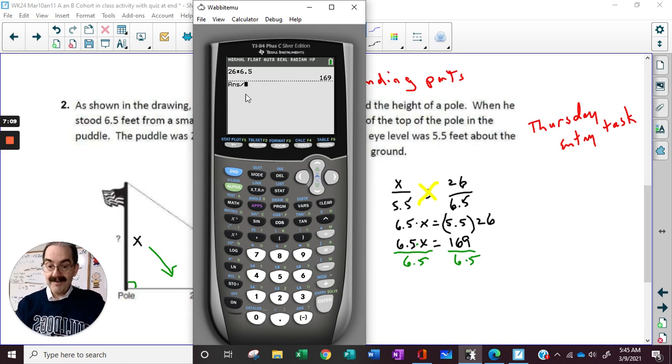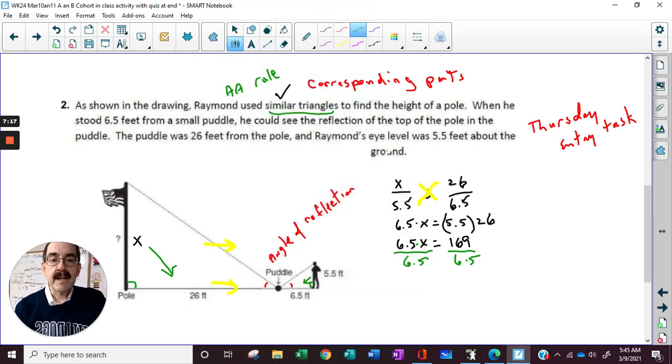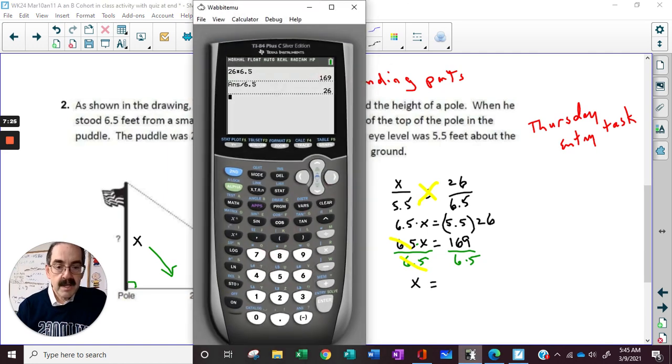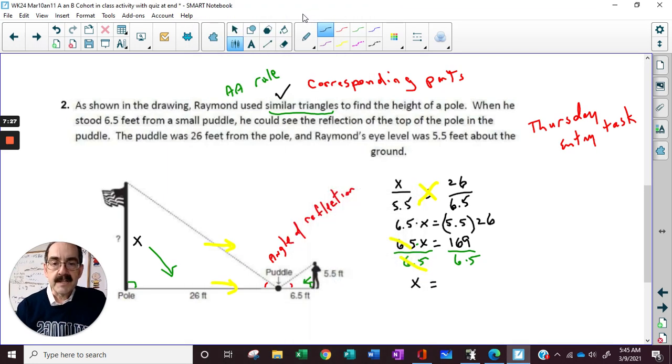See, it took that right to there. 6.5. We're happy because 6.5 divided by 6.5 is 1, leaving us with x is 26. You ever notice how these always come out perfect? Oh gosh, the real world doesn't do that, does it?